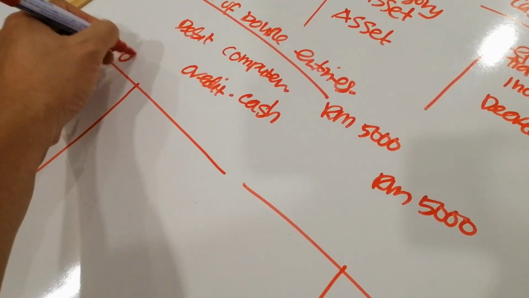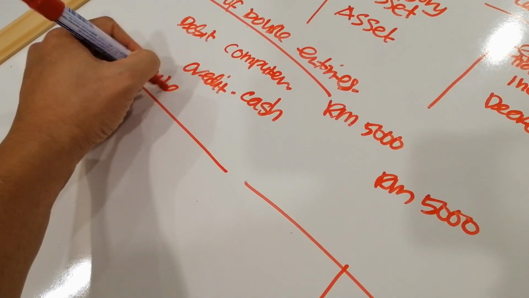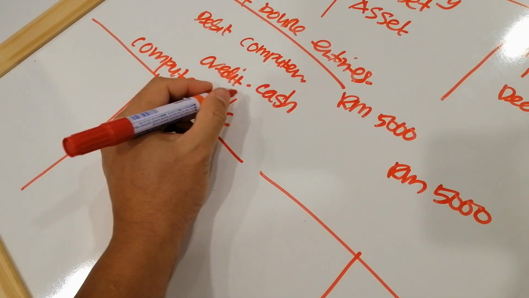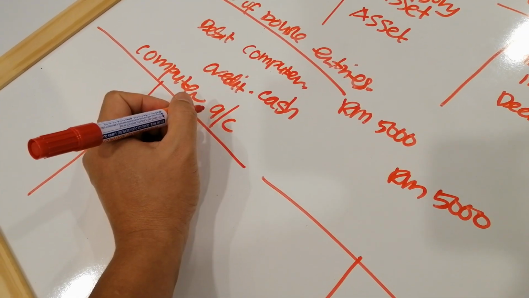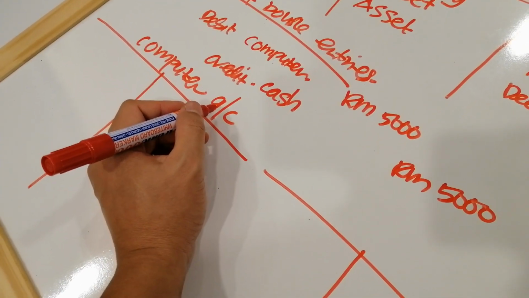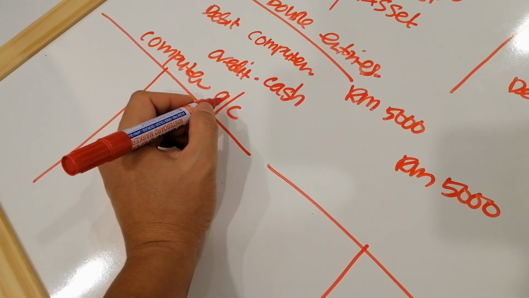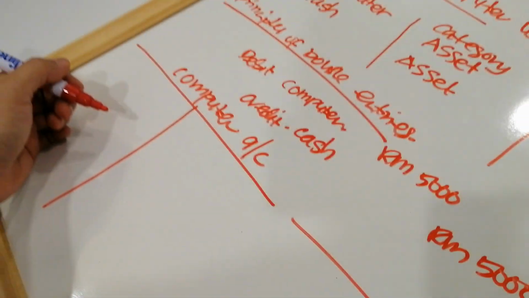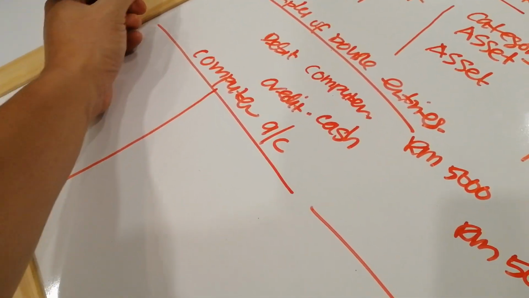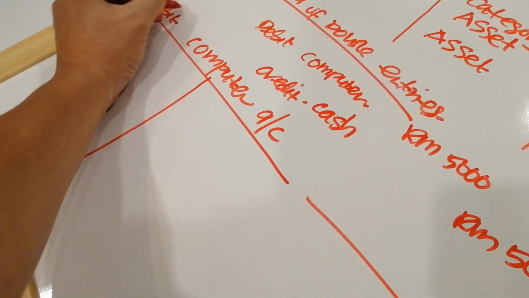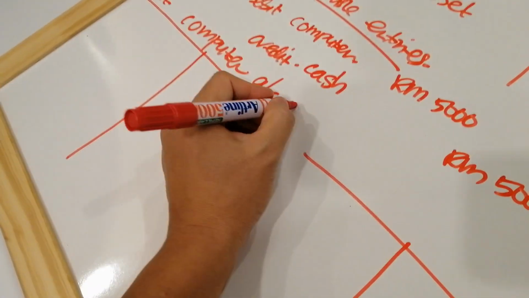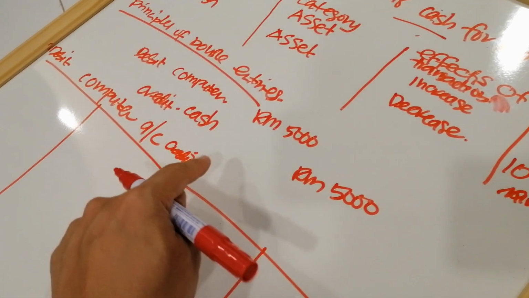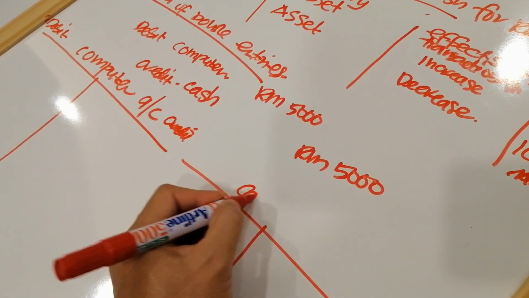So you must name your account first. Computer. A, C means account, so you can also write in full name, account. And I told you already many times, the left side, debit, the right side is credit. Okay, so the second account is cash.